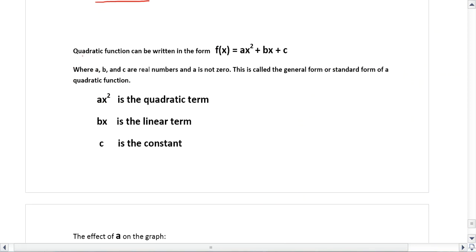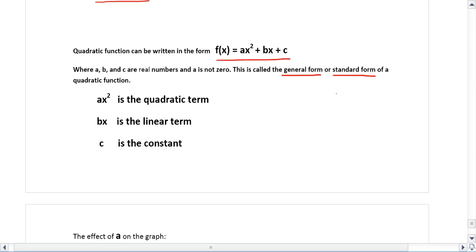Some other things you need to know. If we write a quadratic like this, you remember we did this when we were learning quadratic formula. I told you to put the equation in standard form before you found the a, b, and c. So we're just reviewing that when it's written with the x squared term first, and then the x term, and then the constant, this is called general form or standard form, and you need to know both of those terms.